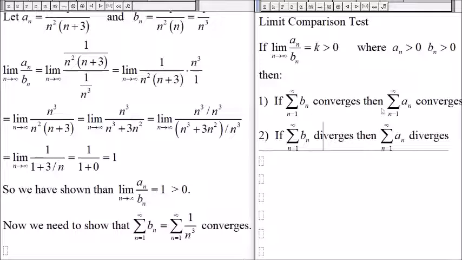And if we want to show that the series a sub n converges, then we have to show that the series b sub n converges. And so now we need to show that the series b sub n converges.